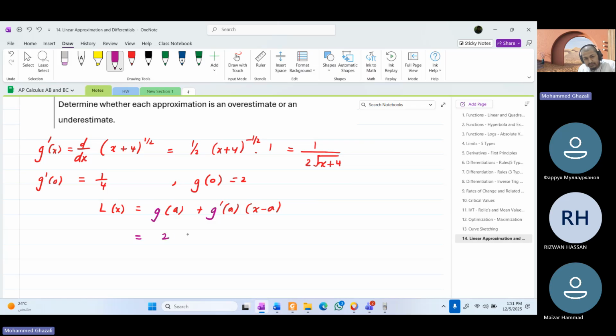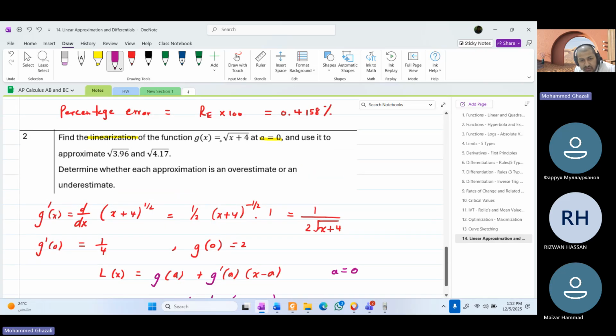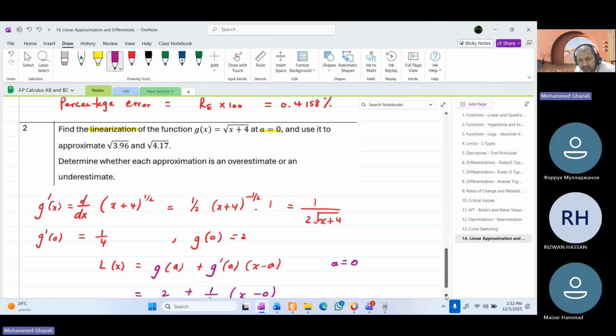So it is 2 plus g prime of 0. Remember, a is equal to 0. So g of 0 is 2, g prime of 0 is a quarter, and x minus 0. So I have a linearization function which is 2 plus a quarter x, which is approximately equal to g of x.